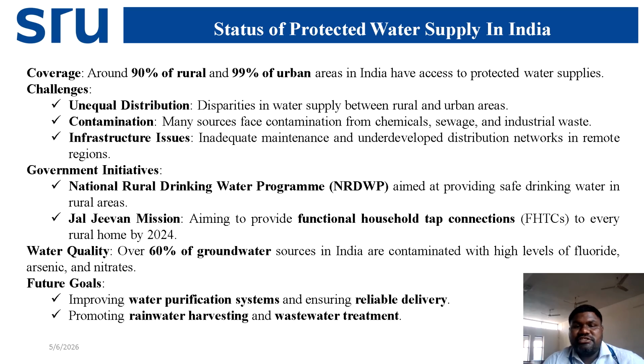There are disparities in water supply between rural and urban areas. Also, due to elevation, maybe the lake, pond or reservoir is at the lowest level while some houses are at a higher elevation level.